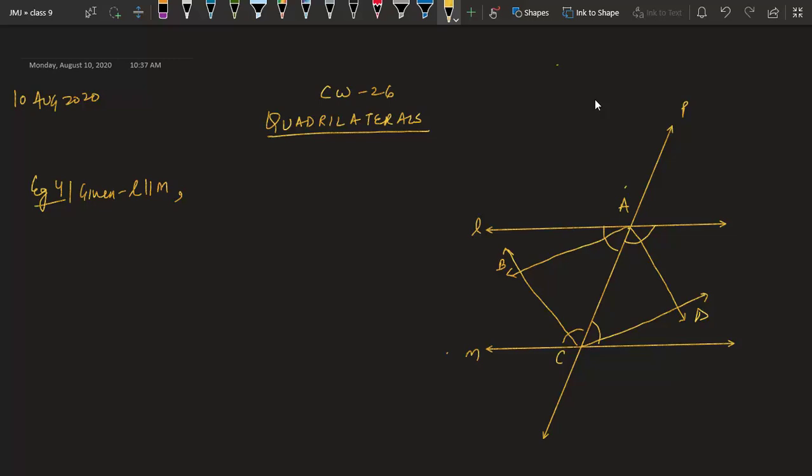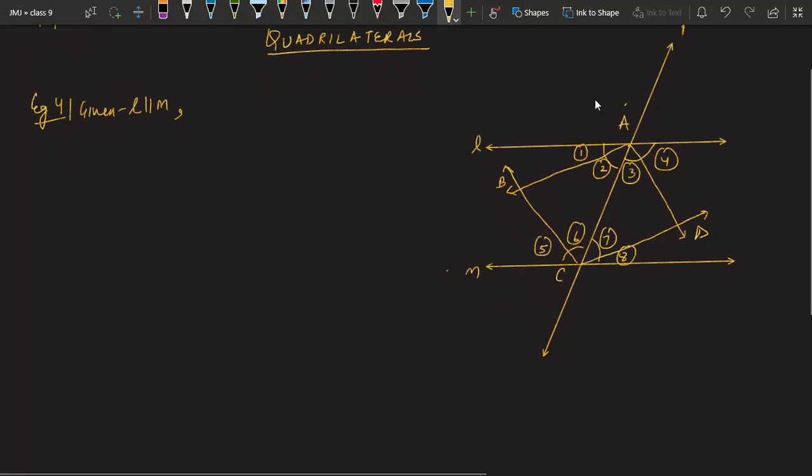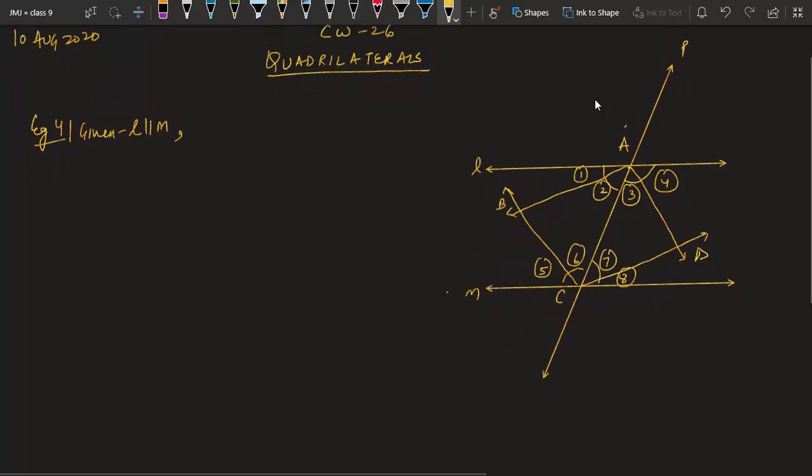So given to us, suppose I call this small angle 1, this 2, this 3, this 4, 5, 6, 7 and 8. We can say these are equal angles: angle 1 equal to angle 2 because AB is the bisector of this angle.